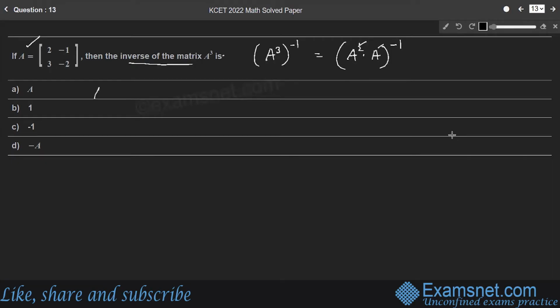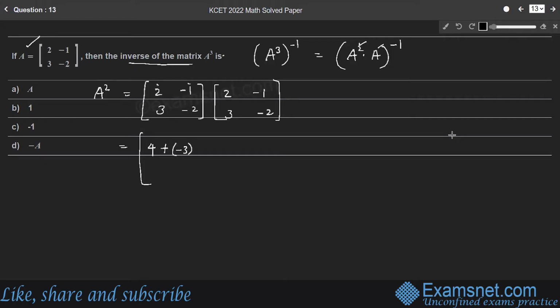We'll consider A square is equal to A into A: matrix A, [[2, -1], [3, -2]], into matrix A, [[2, -1], [3, -2]]. Here is the multiplication of two matrices. 2 into 2 is 4, then minus 1 into 3 is minus 3, so 4 plus minus 3.